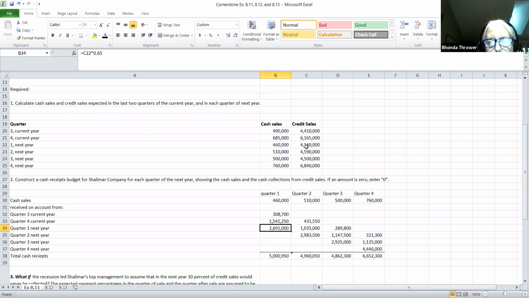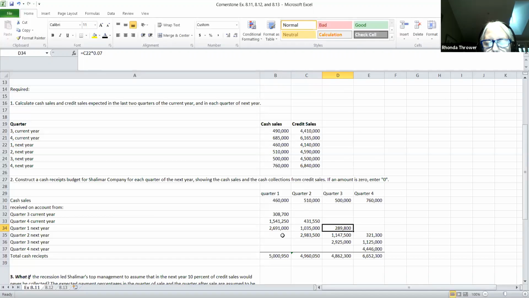This 4,140,000 of credit sales will be multiplied by 25% to get the cash that you would have collected from your sales on account. And then in the third quarter, we would have collected 7% of those credit sales.